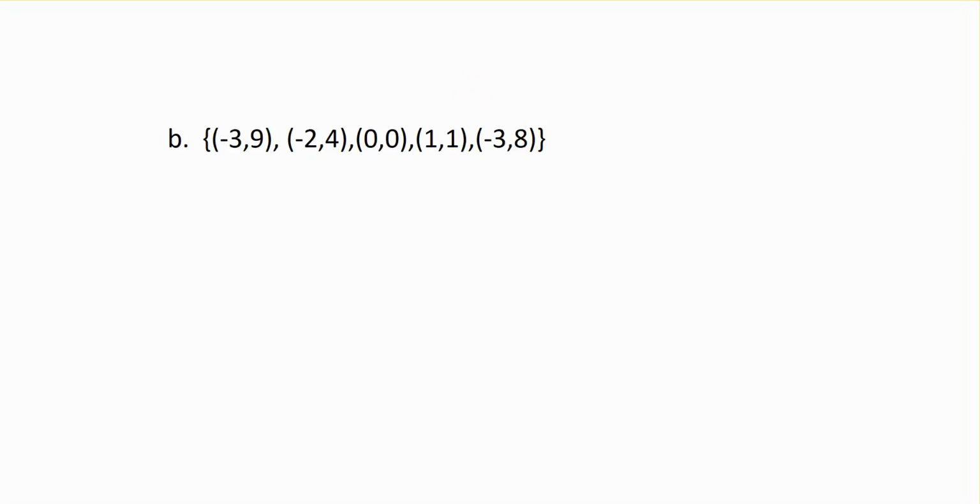Hopefully you see in here that this -3 for the x on the first ordered pair and this -3 on the last ordered pair is what's going to throw this off, and it's not going to be a function. Because if I were to put in a -3 for x, I could get a 9 or I could get an 8. That by definition means that this is not a function.